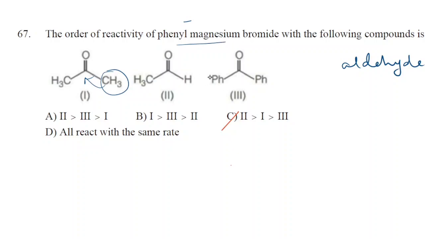So among these two, acetaldehyde is more reactive. After acetaldehyde, the less sterically hindered CH3 group, if we consider acetone is reactive, and then benzophenone. So the order of reactivity is 2 greater than 1 greater than 3.